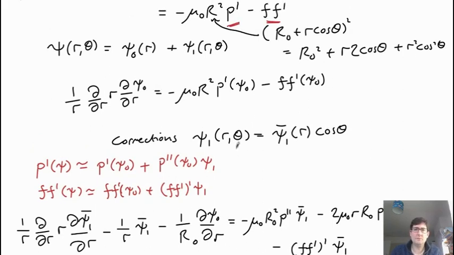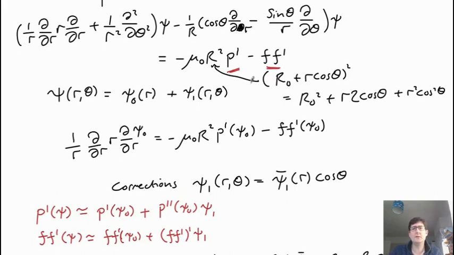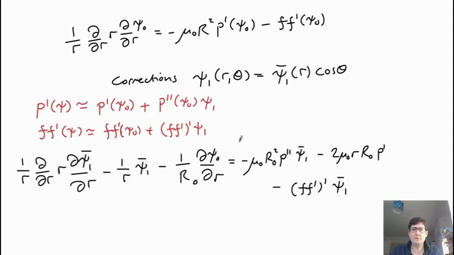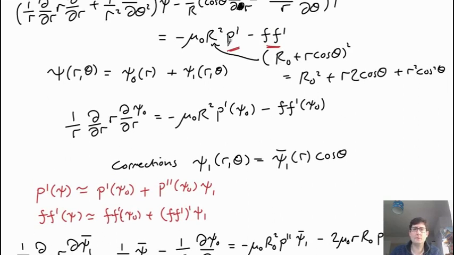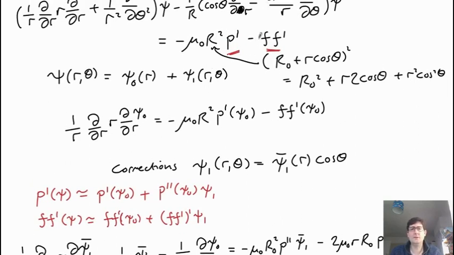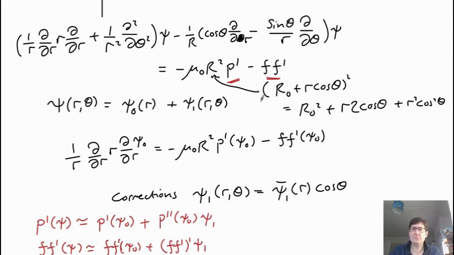This term here comes from this term here, where we've got cos theta and d by dr, so with the psi naught goes in here, that gives us d by dr. These terms here come from the expansion of this, so an r naught squared with a p double prime. Okay, so this comes from the expansion of this r squared as this, multiplied by the expansion of p prime of psi, so here.